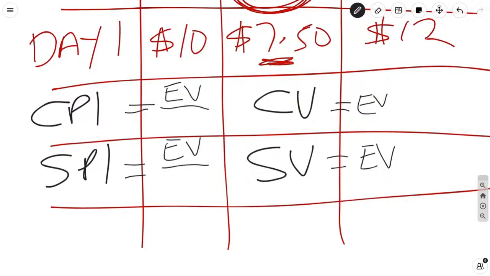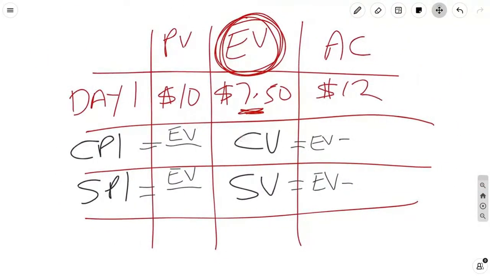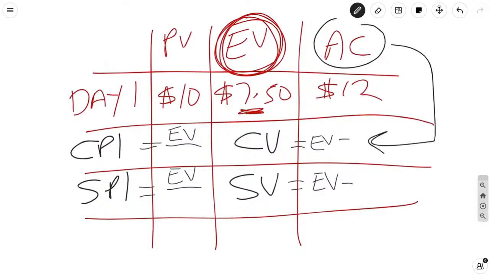If we are talking about an index, we are surely going to divide. You know that from basic maths, those of you who recall. Indices are always something divided by something else. For variances, it is always one number minus another. So for the indices, we divide. For the variances, we subtract. Now watch this. Where we have a C for cost, the variable that goes in is actual cost.